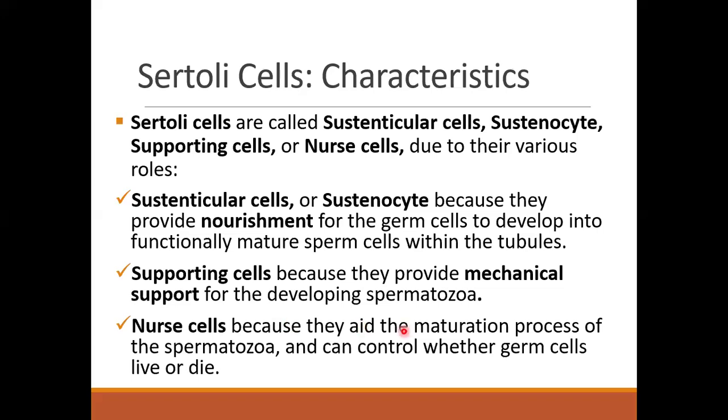Because they aid the maturation process of the sperm, they can also control whether germ cells live or die, because they are supposed to support you. If at a point you have too many of them and you cannot feed them all, they will do a kind of selection as to which ones to support and which not to support. The ones they do not support will automatically die. So they have the capacity to determine which germ cells should die, and we will talk about all those things as we progress to spermatogenesis.